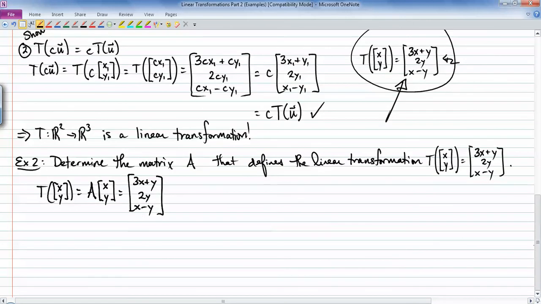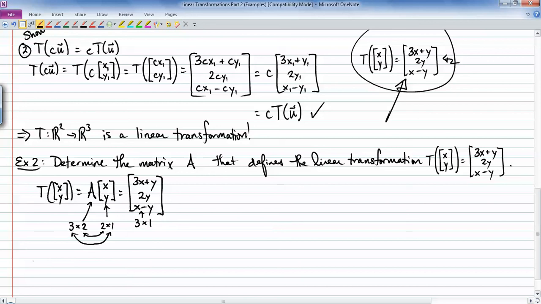If we do a little bit of analysis, this matrix right here is 3 rows and 1 column. This matrix right here is 2 rows and 1 column. And in order to get a 3 by 1 as the product, this A is going to have to be a 3 by 2 matrix. Because remember, the inner dimensions have to be the same, and then the resulting matrix has the outer dimensions.